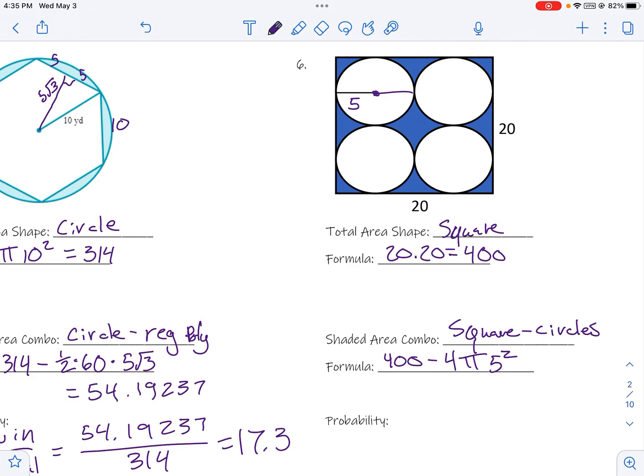400 minus 4 pi. I'll do 3.14. Times 5 squared is 86. Okay, and then my probability would be 86 divided by 400.